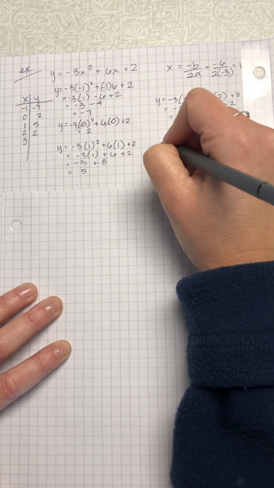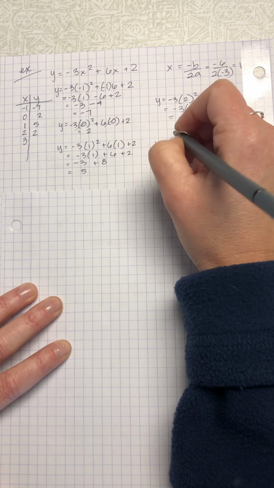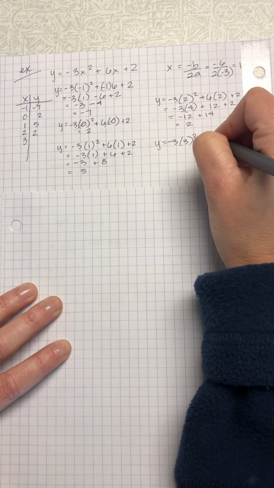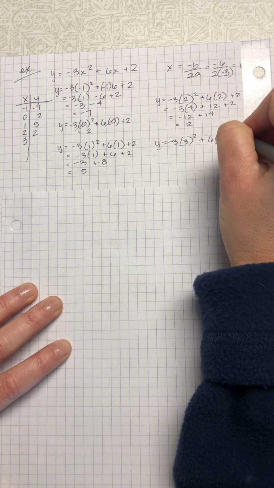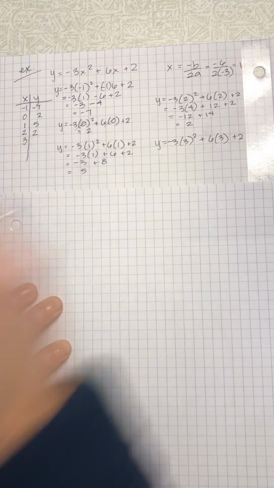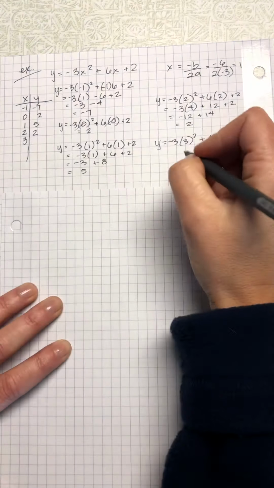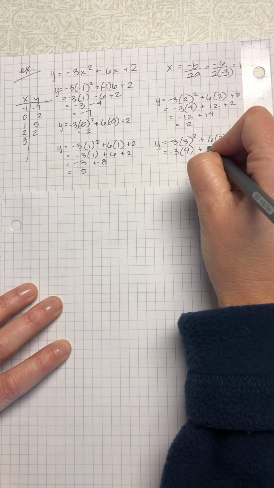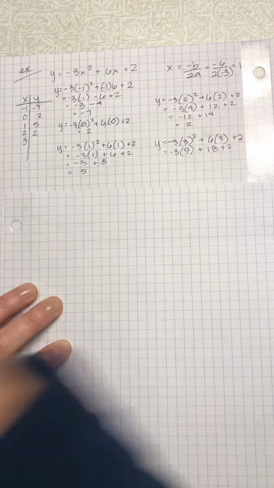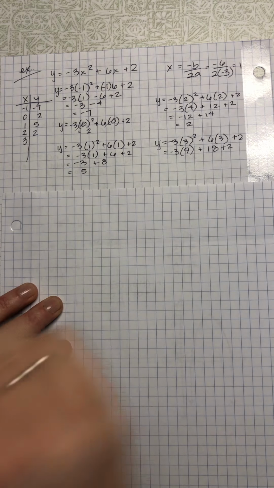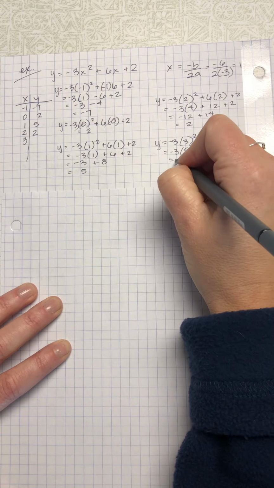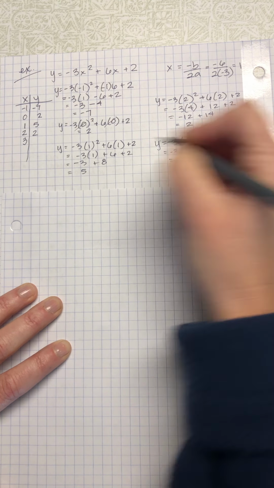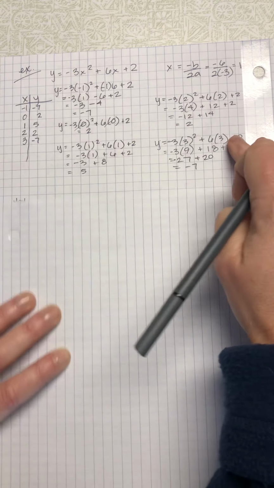And then lastly, sub in for 3, knowing that we should get -7. -27 plus 20 is -7. And so then now we graph.